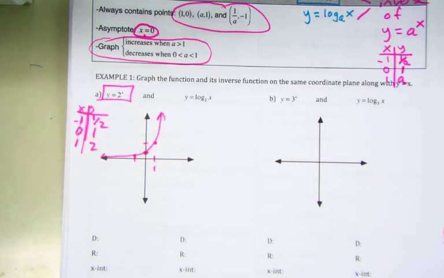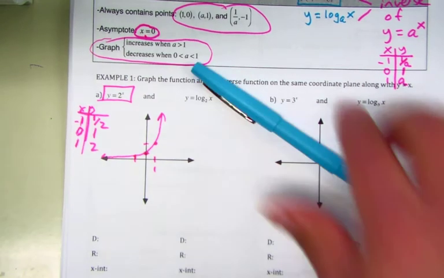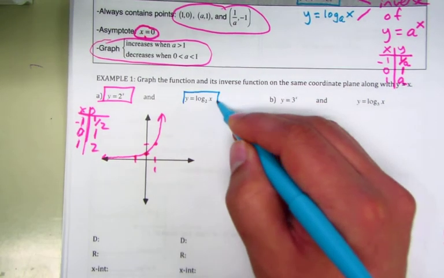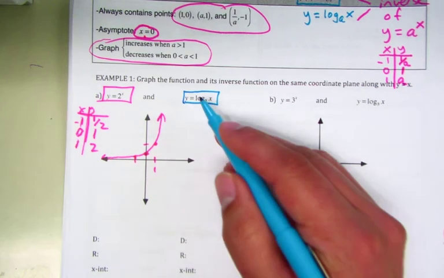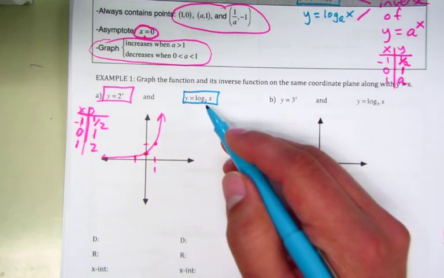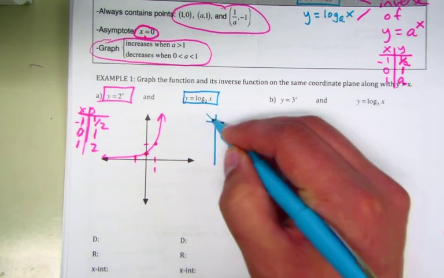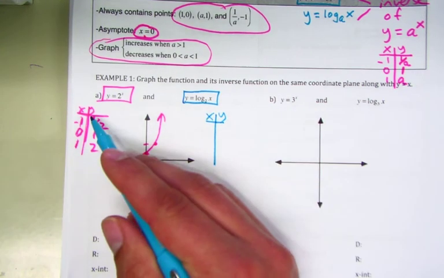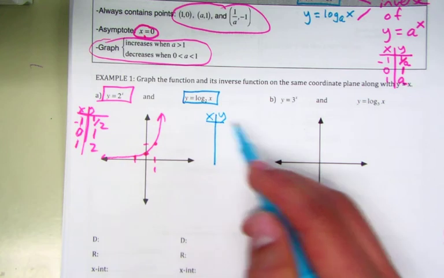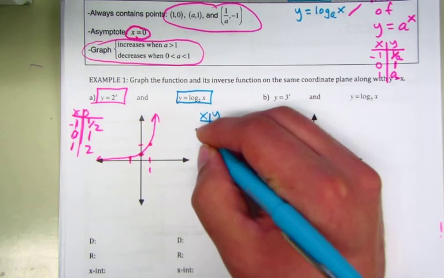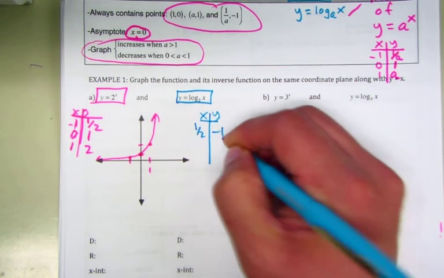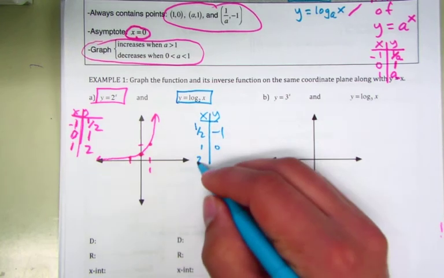Okay? The inverse, which is log base 2, okay, is going to be this exact table, but backwards. Okay, so 1 half, negative 1, 1, 0, and then 2, 1.